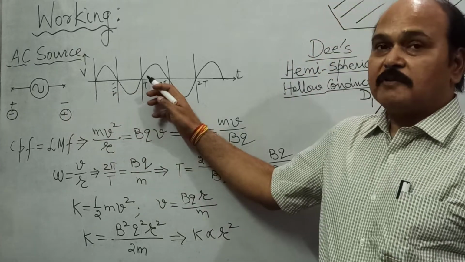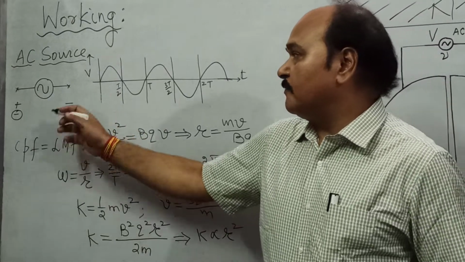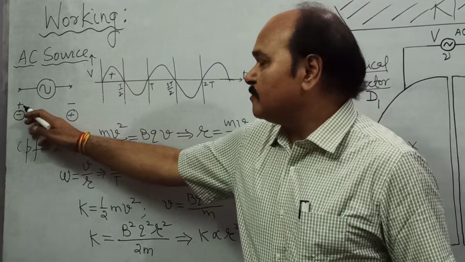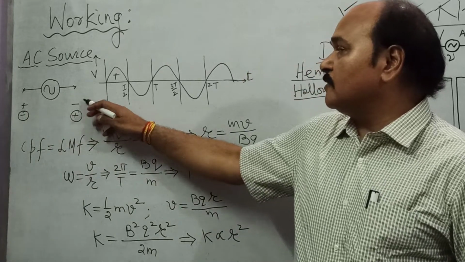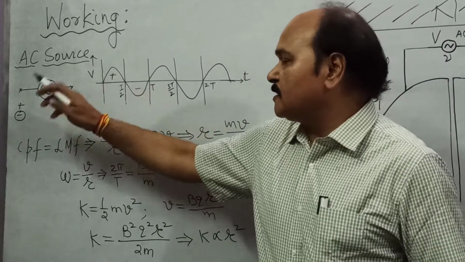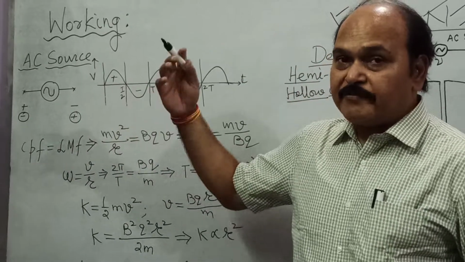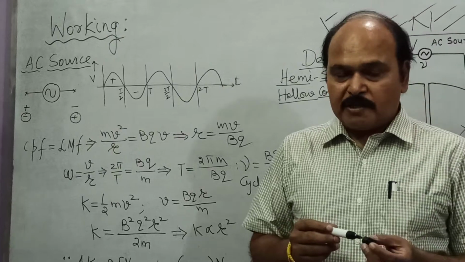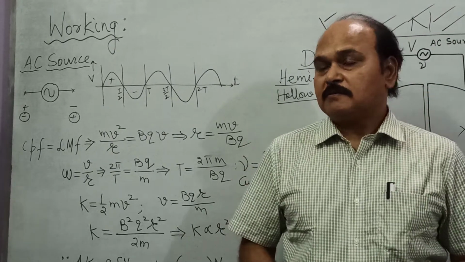In the next half, the polarities are reversed. So in the first half, if this end of the alternating source is positive, this one is negative. Then in the next half, the polarities are reversed and this becomes negative and this becomes positive. So after every half cycle, the polarity of the terminals is reversed.